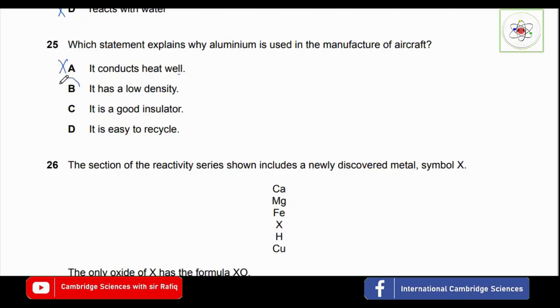That is why we choose aluminum for making the body of aircraft, right? So it is a good insulator. We don't need whether it insulates or not. It is easy to recycle. These are not the properties related to the manufacture of aircraft.